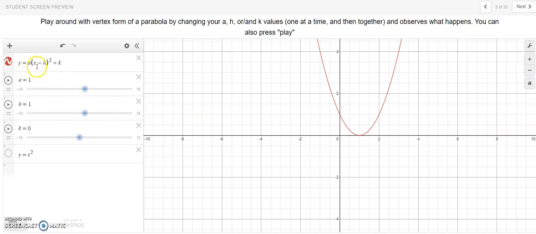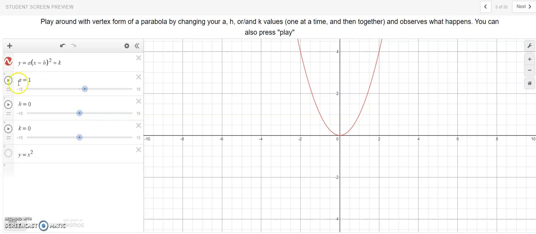So there's some counterintuitive stuff going on here. Again, when you change the H, the effect is it shifts the graph horizontally. All right, so I'm putting it back to 0.